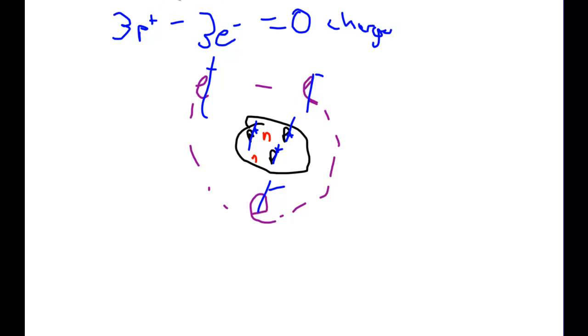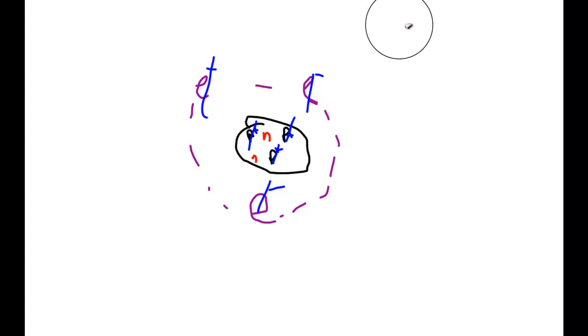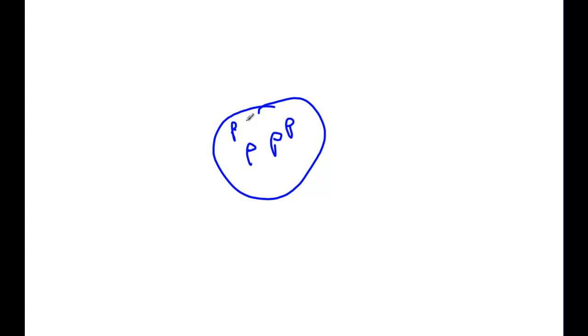Well, now let's mix it up a little bit. Let's get rid of this, and we can redraw it really fast. Once again, nucleus. Let's do 4 protons this time, and still have the 3 electrons around the outside of our nucleus. I'm not going to put in any neutrons. Well, now I can only cancel out 3, and I've got this 1 that's left over.